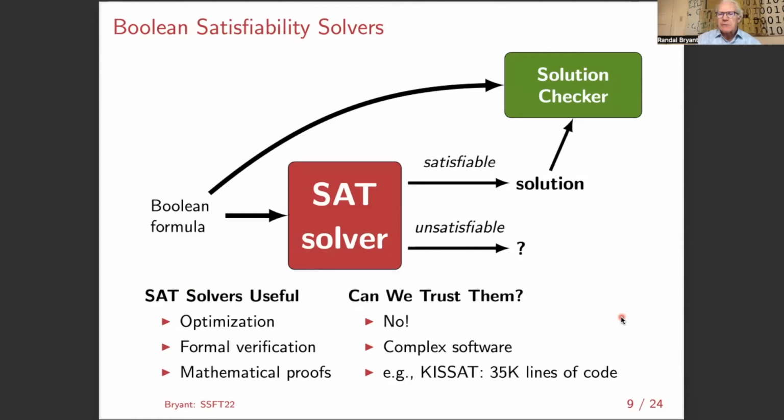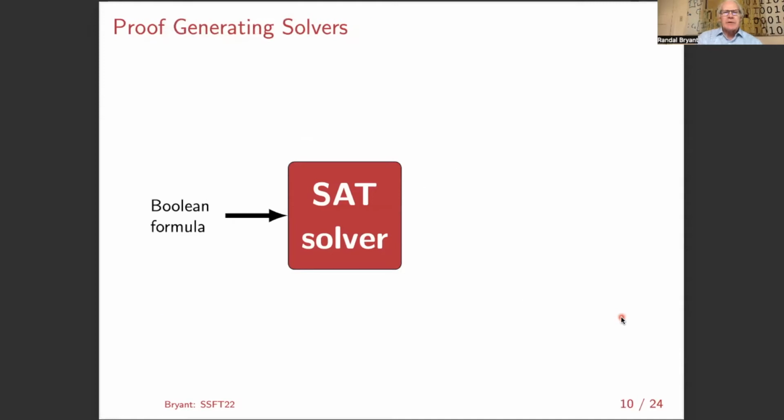And we really don't want to trust that, especially if we claim this is formal verification or mathematical proof. What does it mean if we're running it through a possibly buggy program? So the way to handle this is to have the solver produce a proof, a checkable proof, that the formula is indeed unsatisfiable.